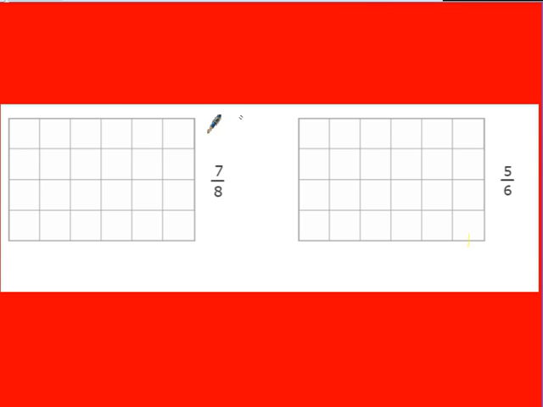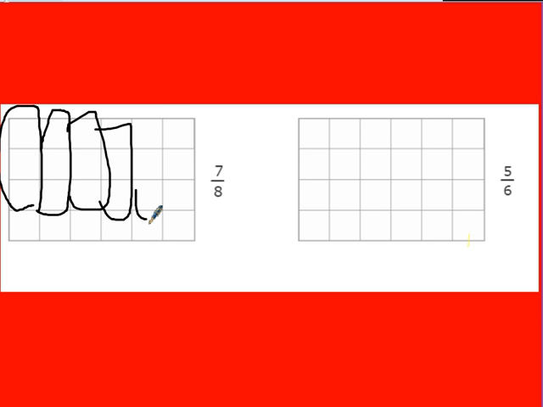You maybe used the chart and said, oh, eighths, I can make 8 equal parts. So how many squares do I have here? I have 4 and 6, that's 24. 8 goes into 24 3 times, so every 3 squares will be a part in order to get 8 equal parts.